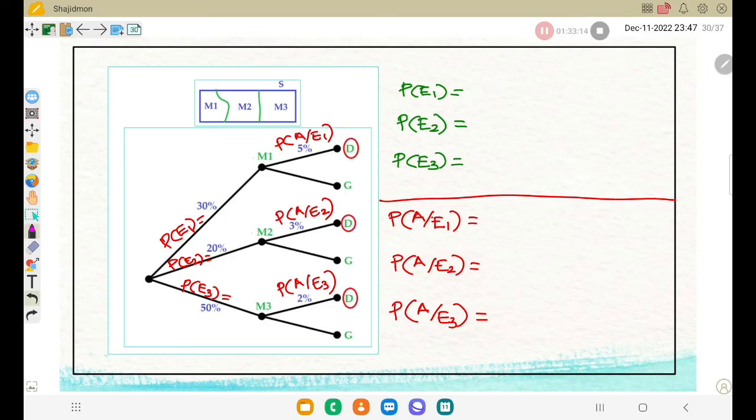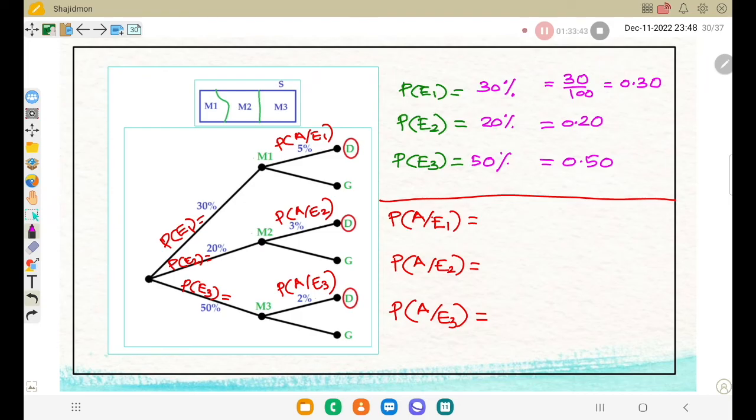What is the probability of E1? 30%. That means 30 divided by 100, 0.30. Probability of E2, 20%, that means 0.20. E3 probability 50%, that means 0.50. Correct? Now A given E1. What is the probability of A given E1?